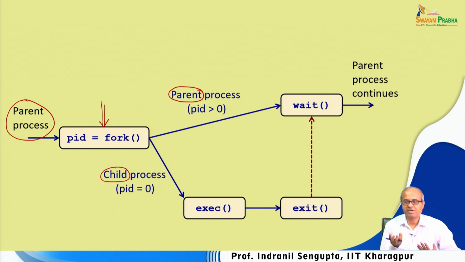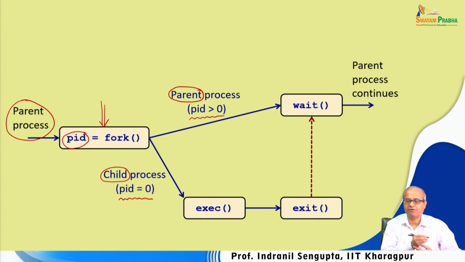So, how do you tell that this child should be separate from the parent? This is mentioned by the return value of the fork, this PID value. For the child process, the return value will be 0 and for the parent process it will be greater than 0. In fact, it will be the process ID of the child, which is some number.